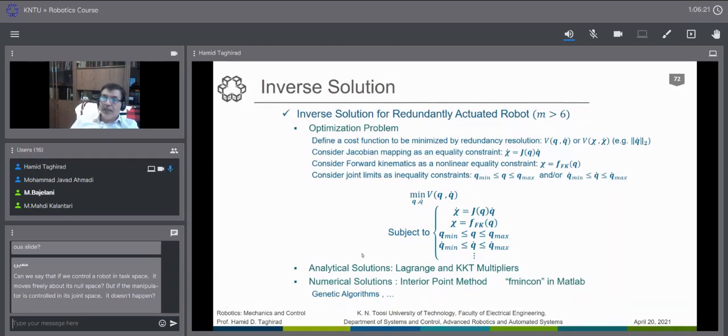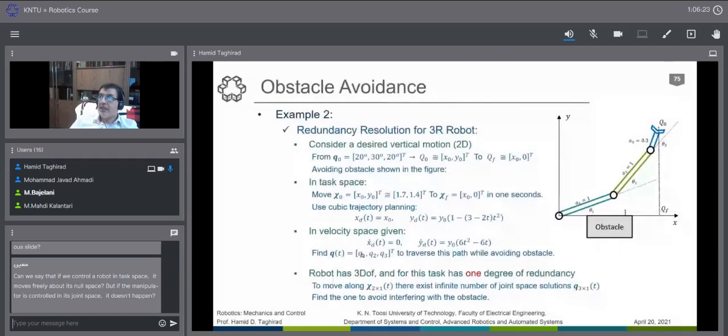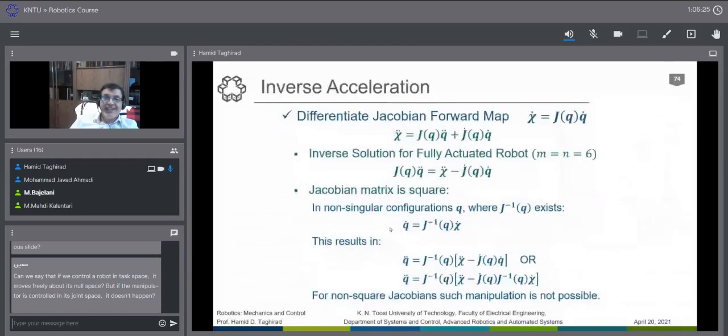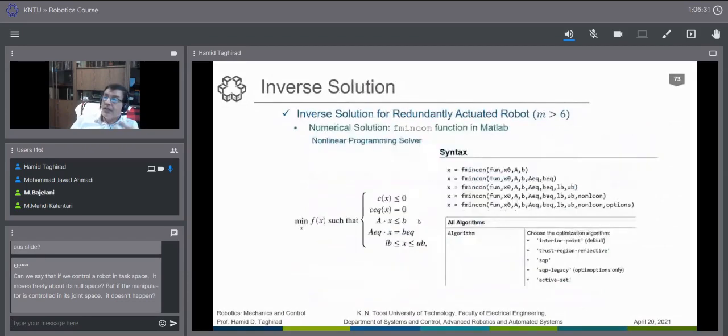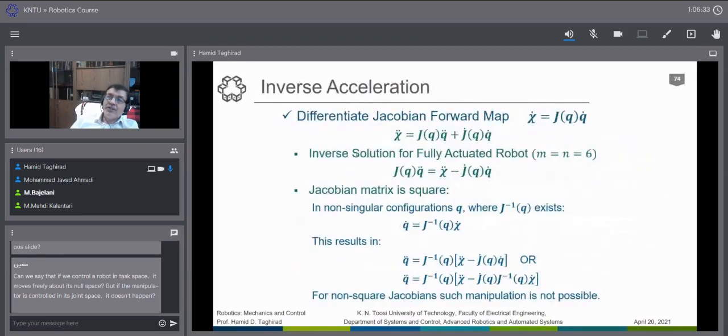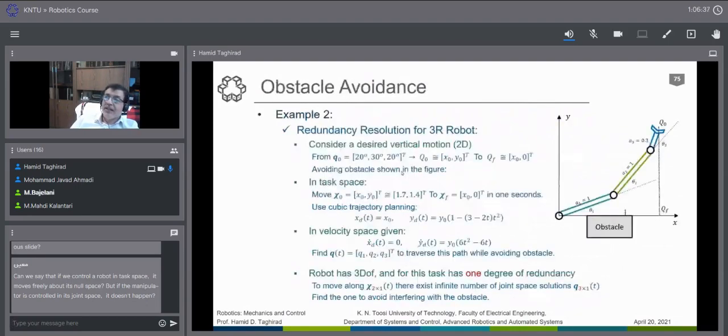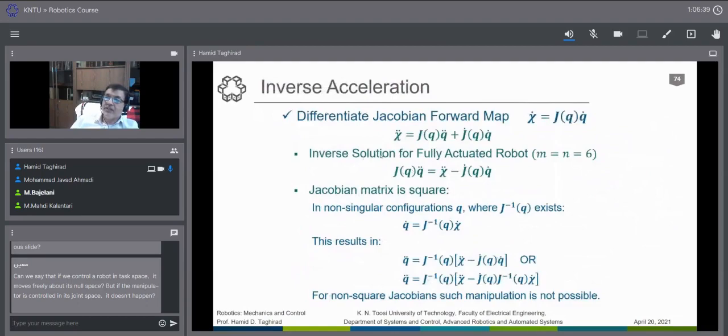Anyways, let me go through the examples. The examples are quite interesting. You can visualize now. I have talked about the different things. I will also leave this inverse acceleration for now. You can follow that. You can find the inverse acceleration for non-singular configuration by this equation.